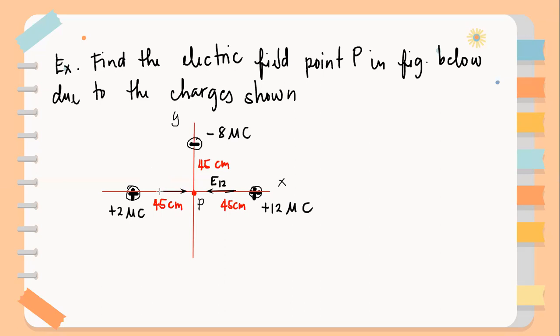Therefore, this one is E2 of the 2 microcoulomb. Okay, for the electric field of the negative 8 microcoulomb, since this one is a negative charge, of course, the reaction would be attract.